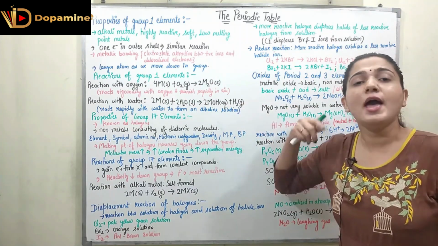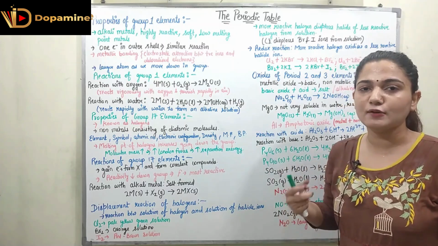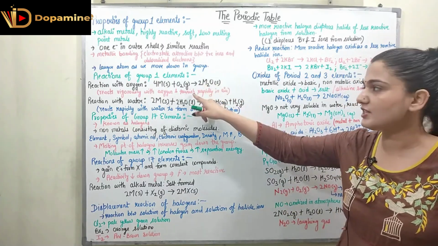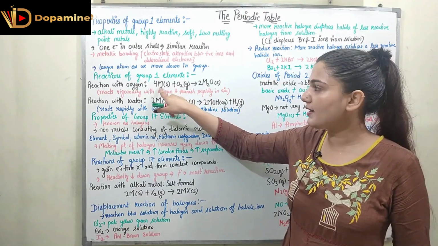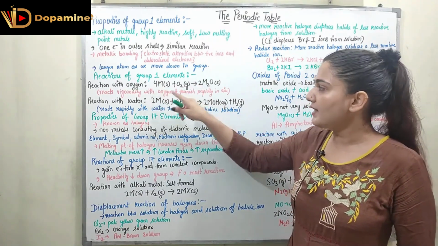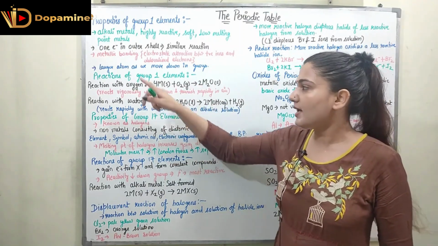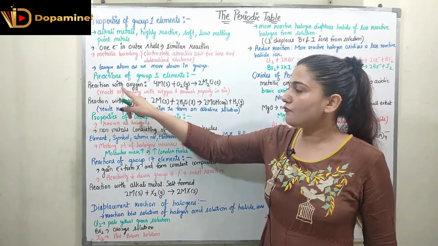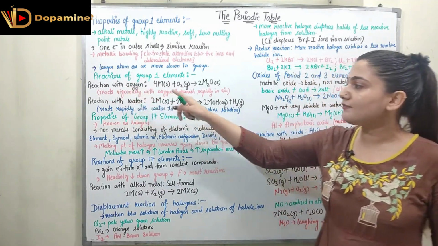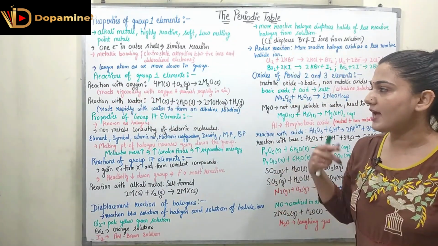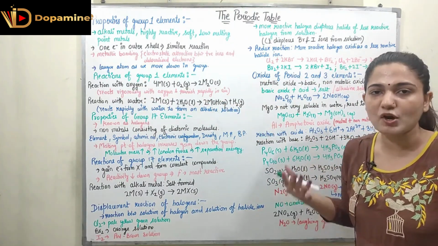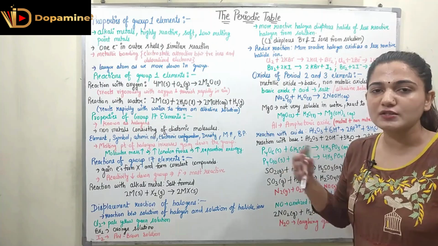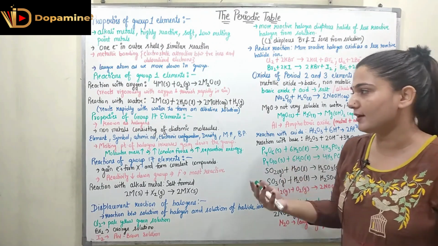This is how any atom in group 1 can react with oxygen. Put the symbol of any atom in group 1 in place of M, and you can get the reaction. So the group 1 atoms react vigorously with oxygen and tarnish rapidly when placed in air, because air has oxygen, so they react with air also.